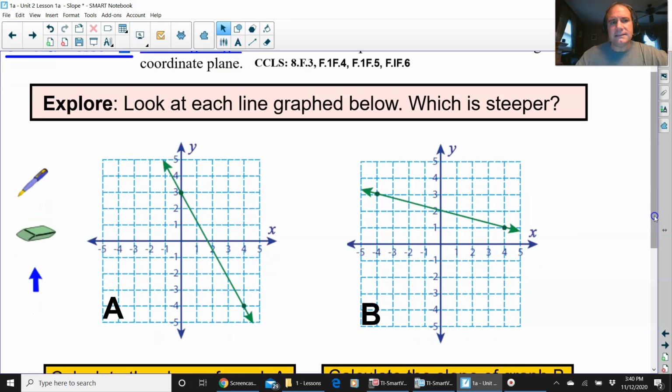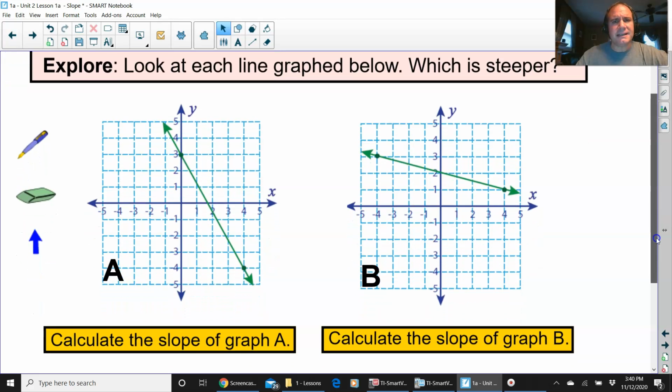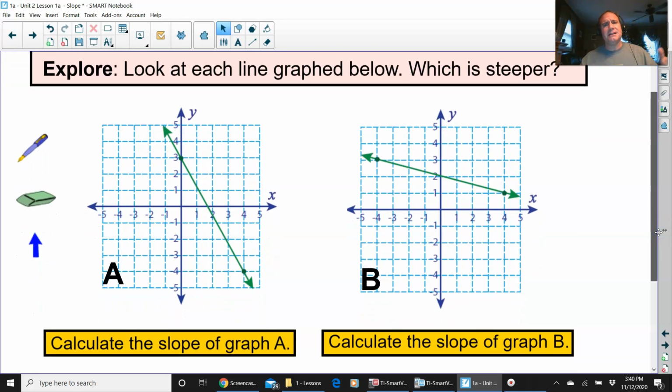Go ahead and see if you can do the same thing with A and B. Which one is steeper right now? We're going to answer that right now because we can look at it and say which one is steeper. So which line do you think is steeper, line A or line B?